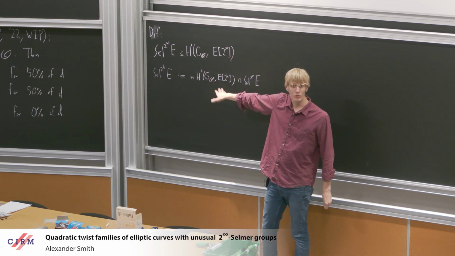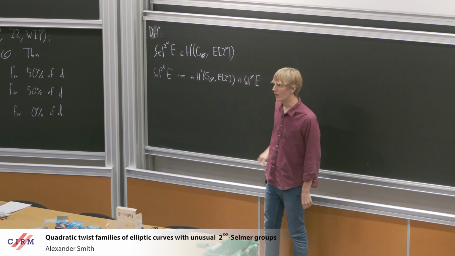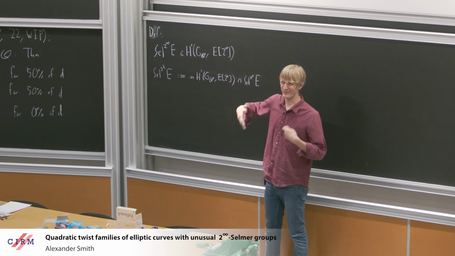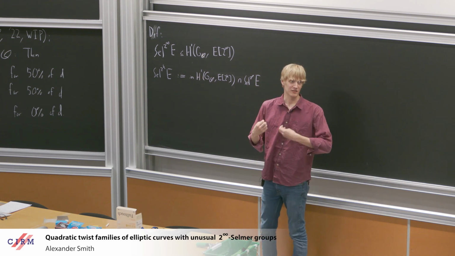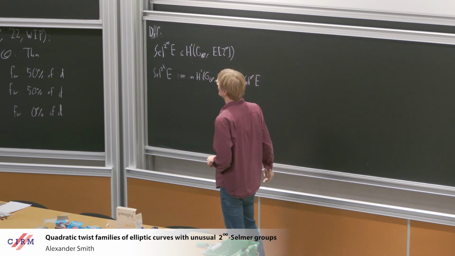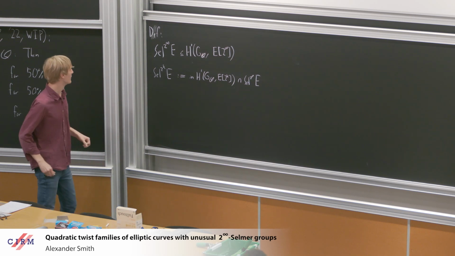This is a small quotient of what is normally known as the 2^k Selmer group. But this one has far better statistics, or it behaves nicer in that way. The Cassels-Tate pairing on it behaves nicer. And there's a third thing that goes well as well, but I forget what it is right now.